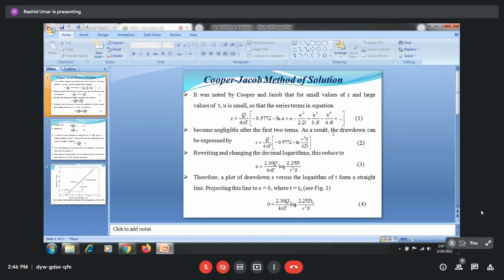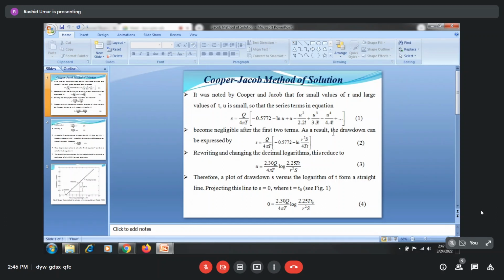So the condition which he thought, and that is a fact, is that observation wells are not very far away from the pumping well. As a rule of thumb, where to site the first observation well from the pumping well for the purpose of conducting a pumping test, there is no specific rule.